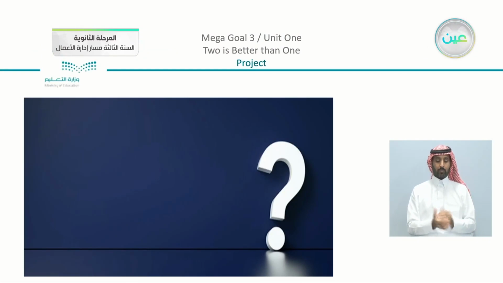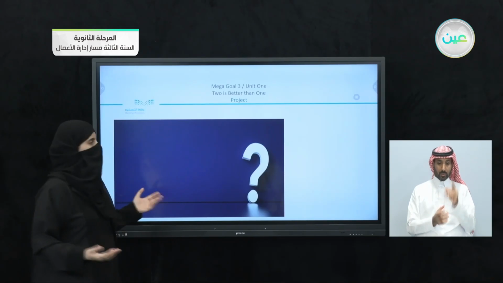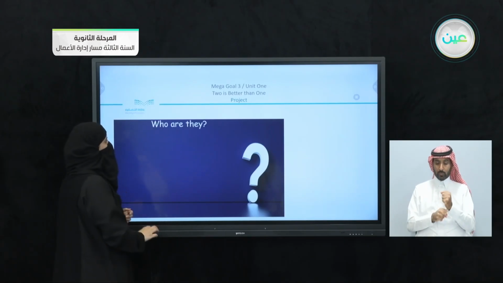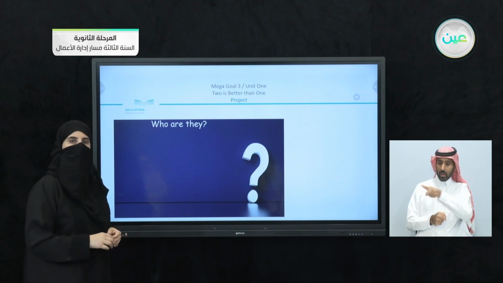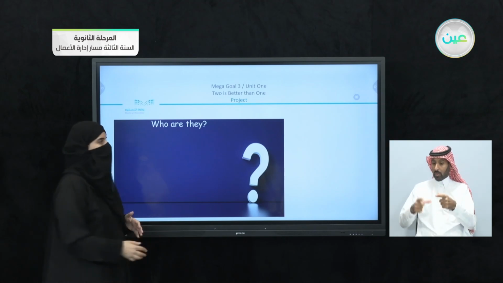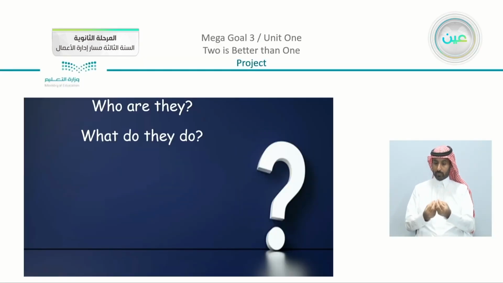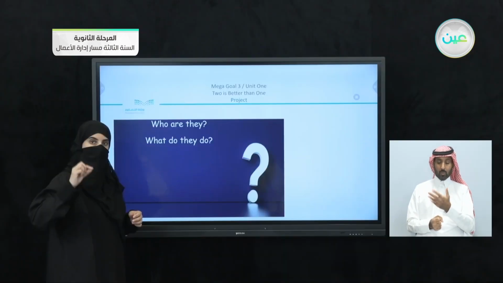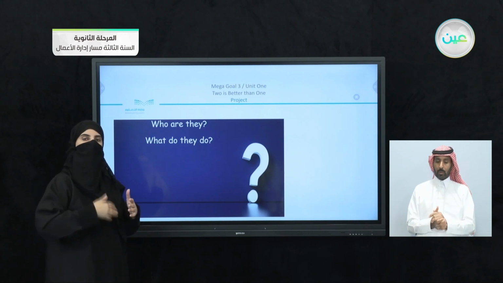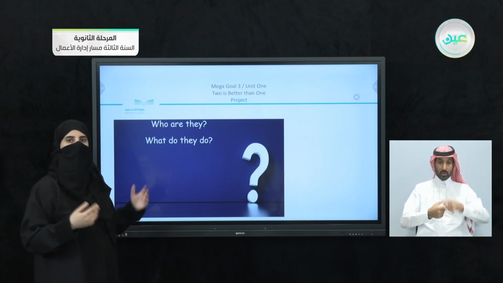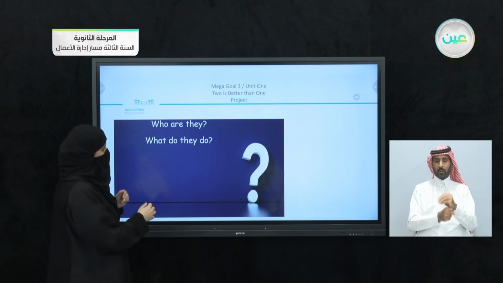Now we have questions that you must answer or search within the project. Who are they? Who are the members that you are talking about? What do they do exactly? These are detailed questions that are connected to the chart that I just told you about.